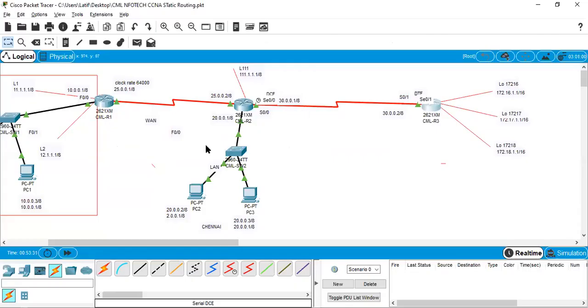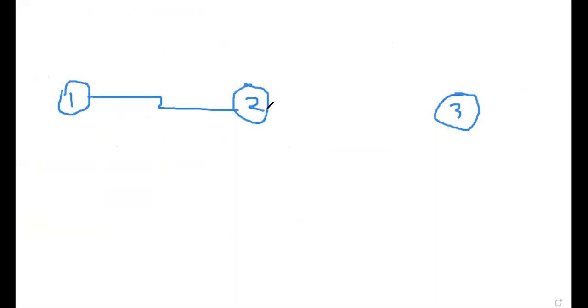So we'll look into this design. So let's say here what we did, we have R1, we have R2, and we have R3. We've connected each other with 25x, 25x, and 30x networks.